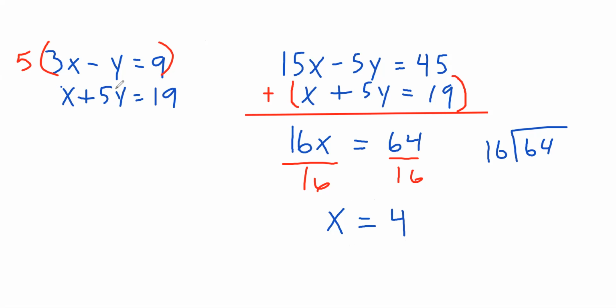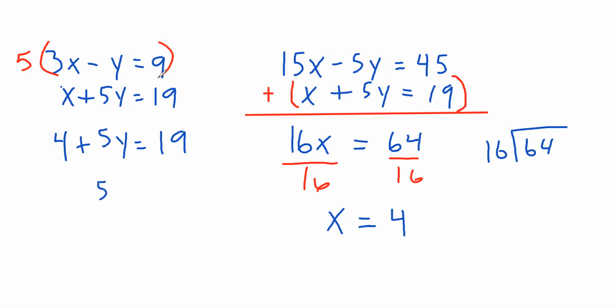Now we need to deduce the y value here, and that's going to be easy. We can go back to the original system. We can pick either equation, either 3x minus y equals 9 or x plus 5y equals 19. Pick either one, substitute a 4 in for the x, and then solve for y. So I'll put it into equation 2. You'll get 4 plus 5y equals 19.